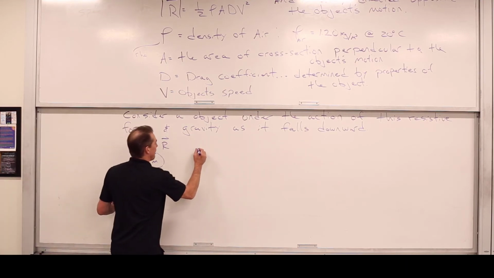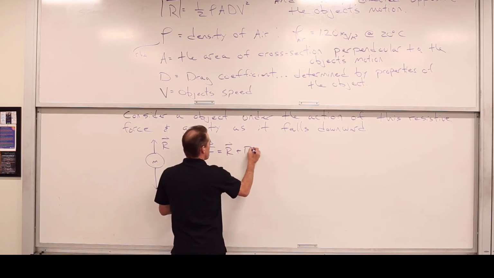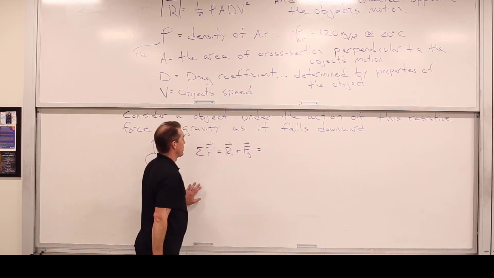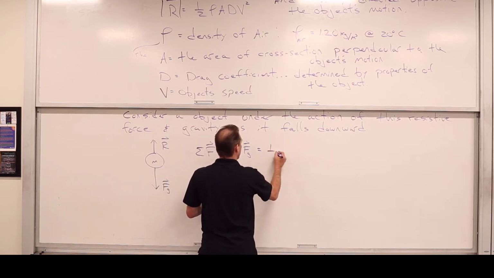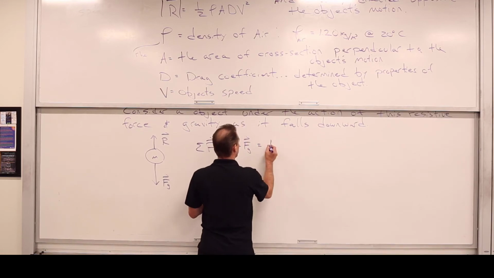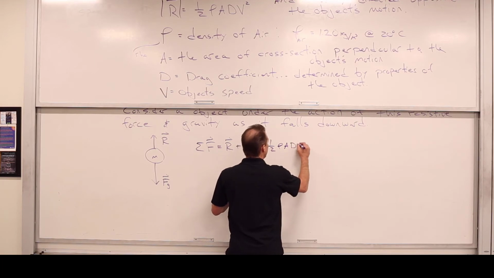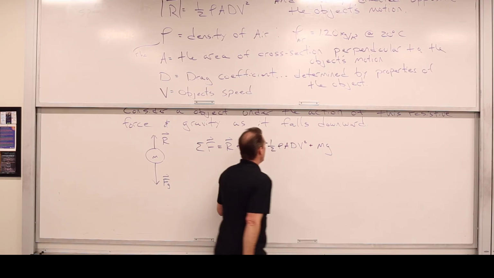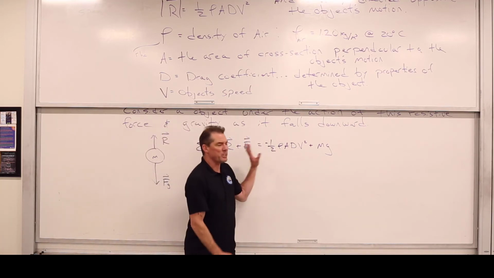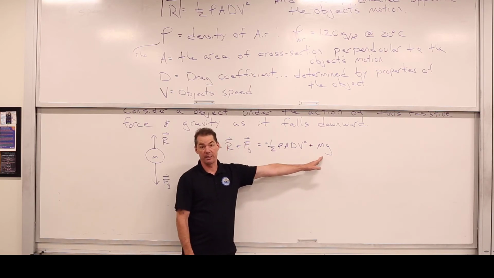Again, we can look at the net force being equal to the resistive force plus the force due to gravity, which then can be written as negative 1/2 rho A d v squared plus mg. In this particular incorporation, I really just need the direction of the resistive force to be opposite the direction of the gravitational force.